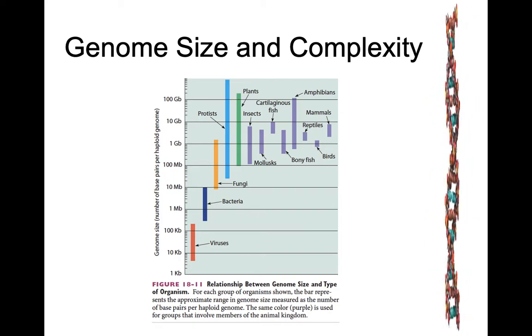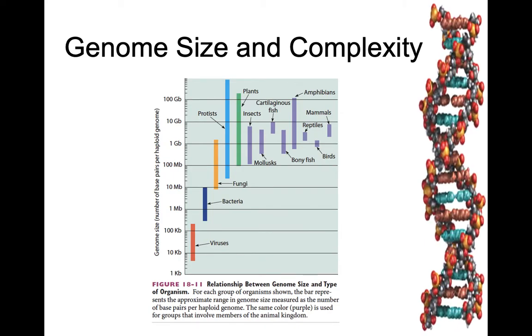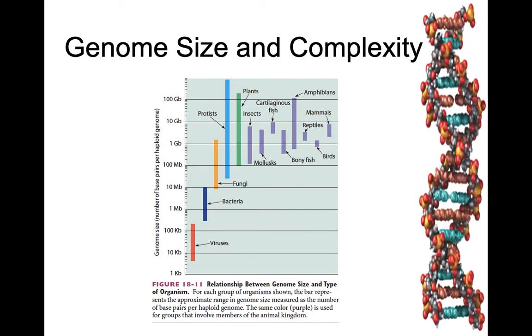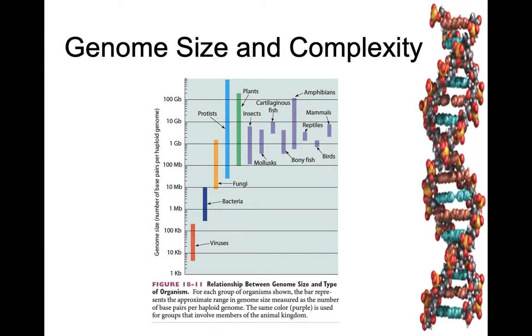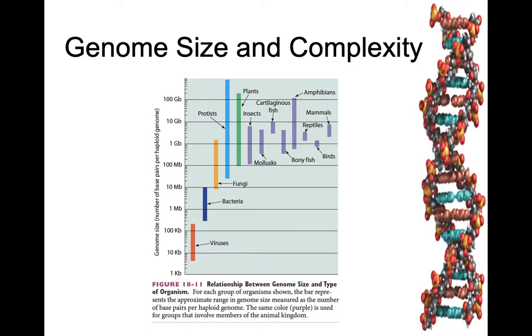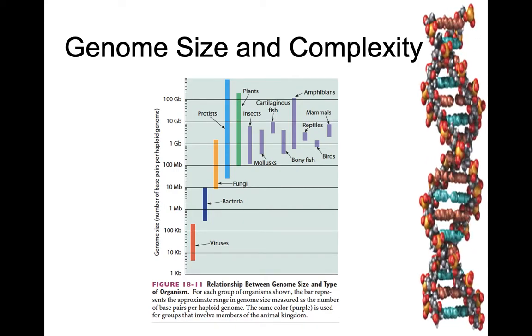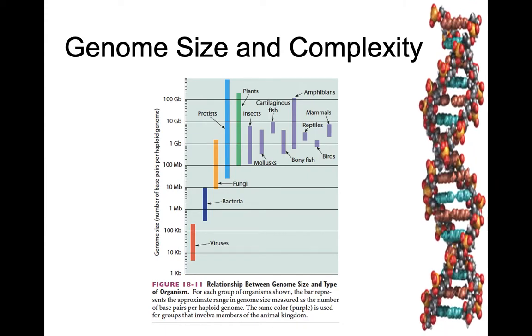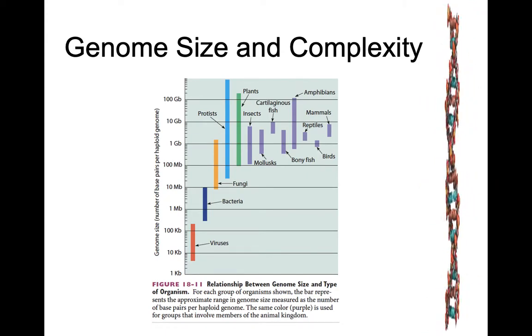So in a way, we can say that genome size is related to how late the organism appeared in the evolutionary timeline.